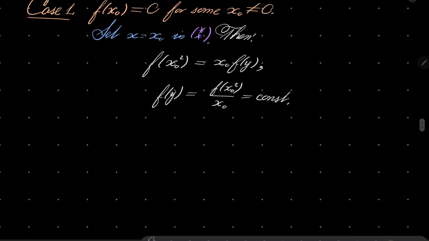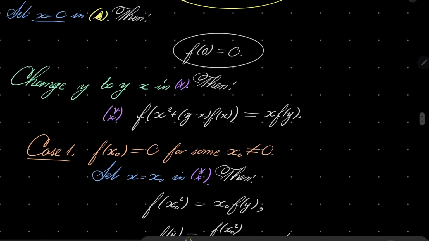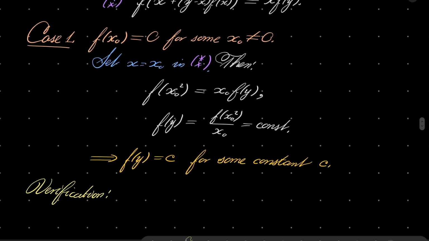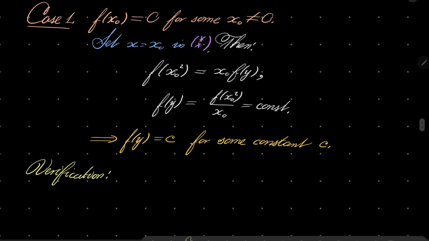So our function is constant, and let's do verification. So f of y equals c for some constant c. Verification is very quick. Our equation, which I marked double asterisk, on the left-hand side has just c, and here we have c times x.